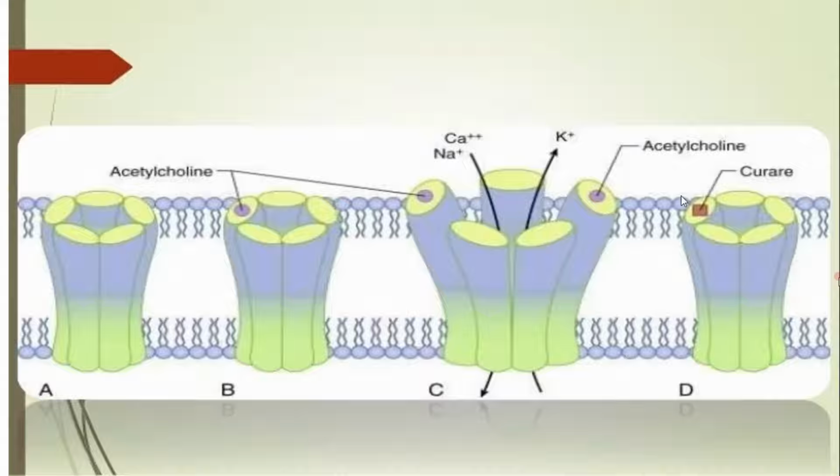If there are autoantibodies built up against this nicotinic acetylcholine-gated receptor channel, there is a disease that occurs that is known as myasthenia gravis. Myasthenia gravis. What will happen in this disease? So there are autoantibodies built up, and some of these channels are destroyed.